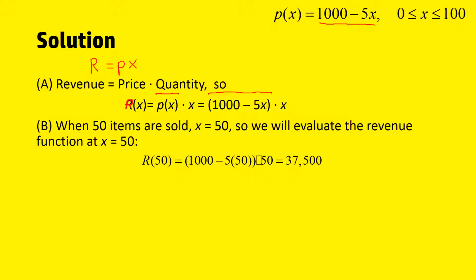Then B, what about R of 50? When 50 items are sold, what's the revenue? So we just substitute 50 in for X in our revenue function.